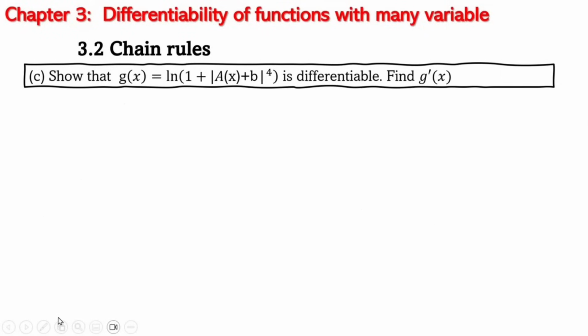Now the last part of this question is that we have to show g(x) is differentiable.